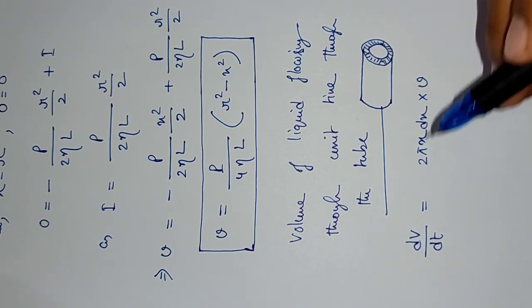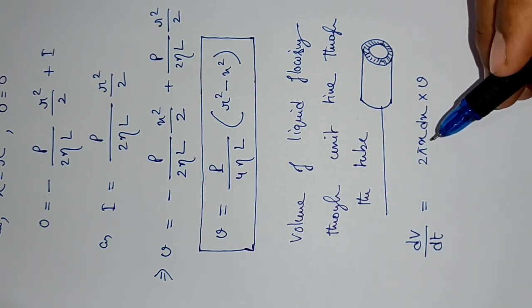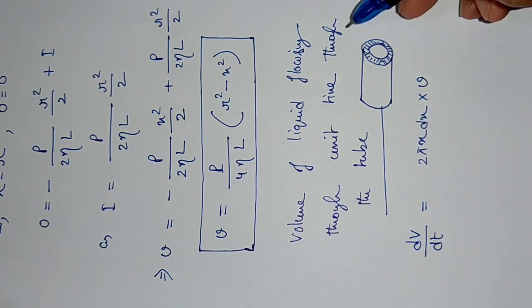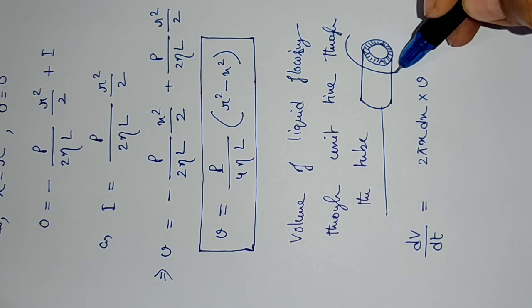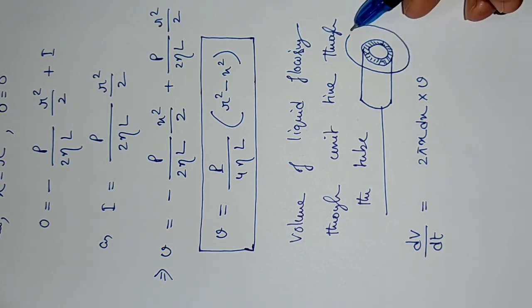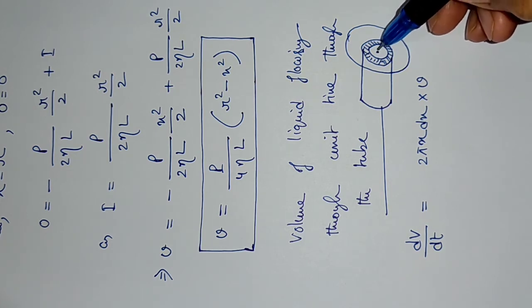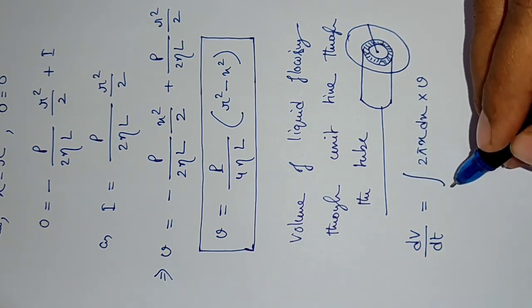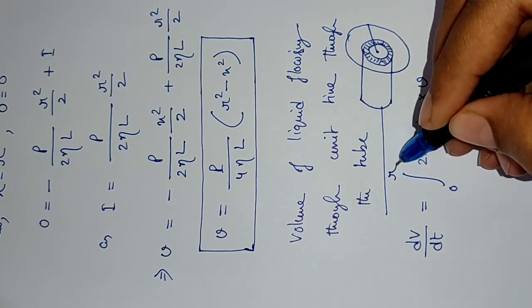So to have the entire volume of the liquid, we have to scan this x from 0 to r. That is, this is the actual cross section of the pipe. So we have to integrate this from 0 to r.